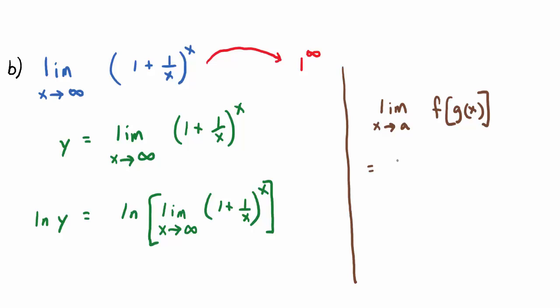When can we rewrite this as f of the limit as x approaches a of g of x? When is that legal to say that that's true? It's legal to say that that's true when f is continuous. So that's something, and believe it or not, it is something you learn about, or you should learn about in Calculus 1. We're not going to try and prove it here.